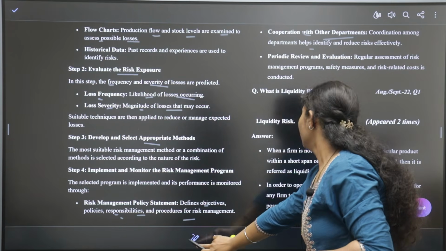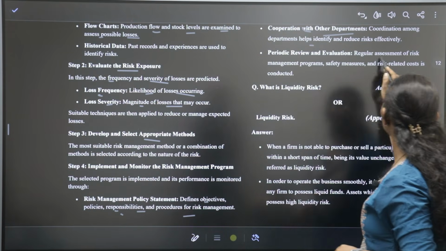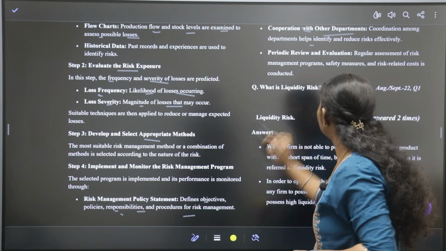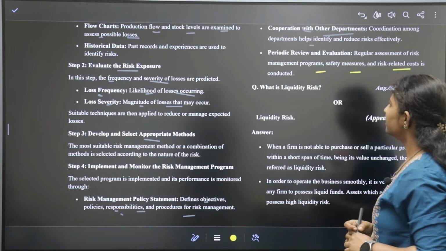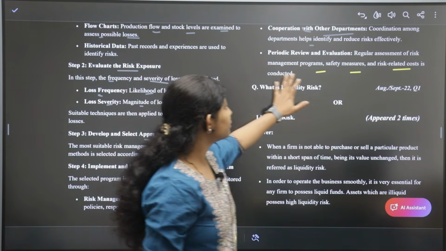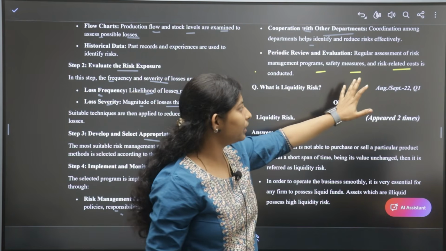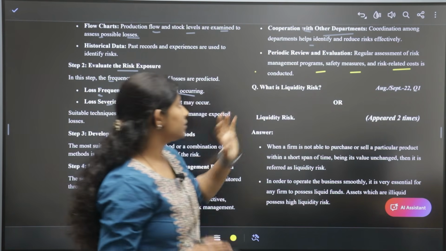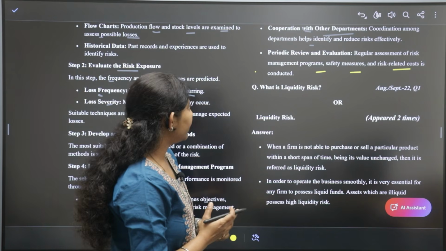And next we have the periodical review. Periodical review is the regular assessment of your risk management programs, safety measures, and risk-related costs. We go through all the assessments and see whether it is safe and measurable, and we also concentrate on the risk-related costs incurred in the business.